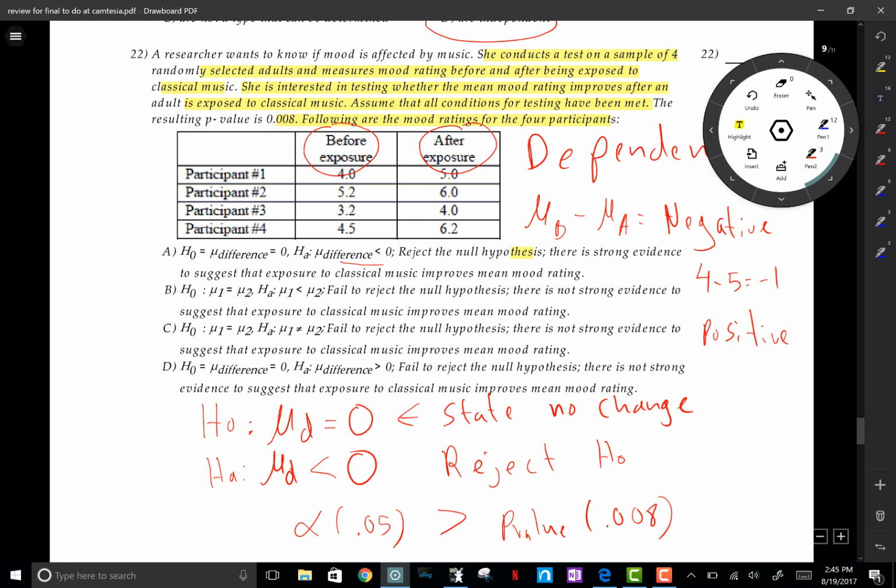Since we reject the null hypothesis, we should state there is strong evidence to show that the exposure to classical music improved mean mood rating. So that way A will be the correct answer. B is not correct, C is not correct, because both of those are assuming that the dataset is independent, which the dataset is not independent.